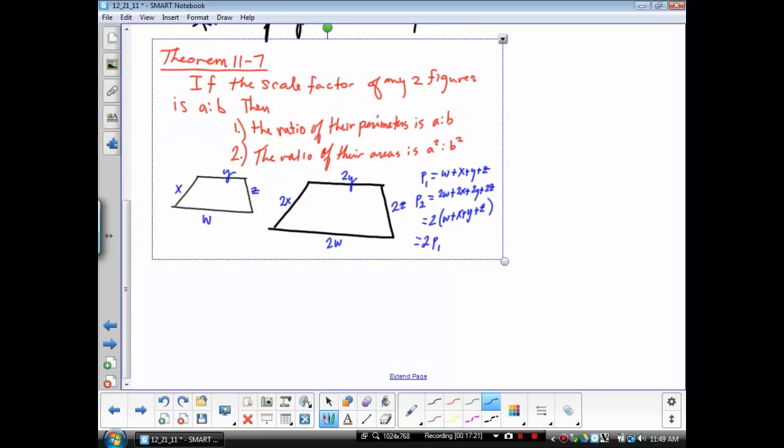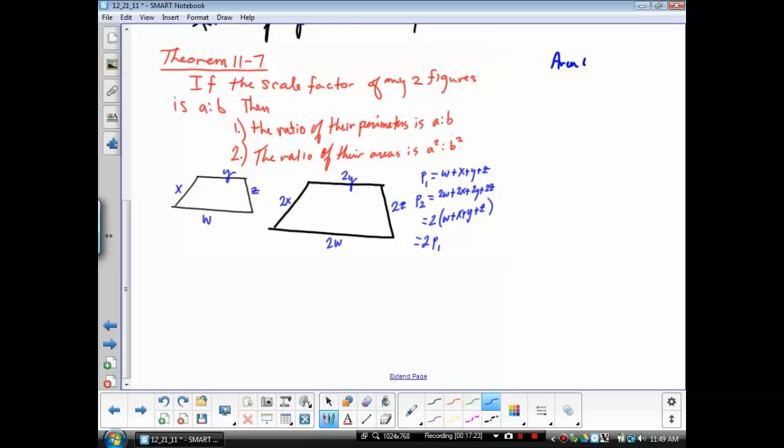because area of a rectangle is base times height, area of a circle is pi times radius squared. Notice that means radius times radius, right?